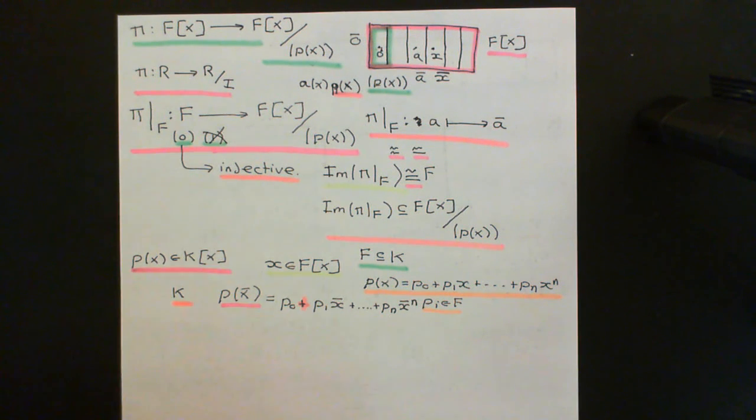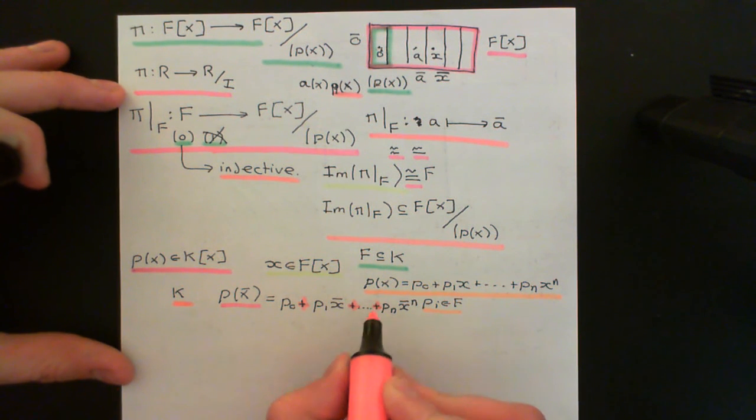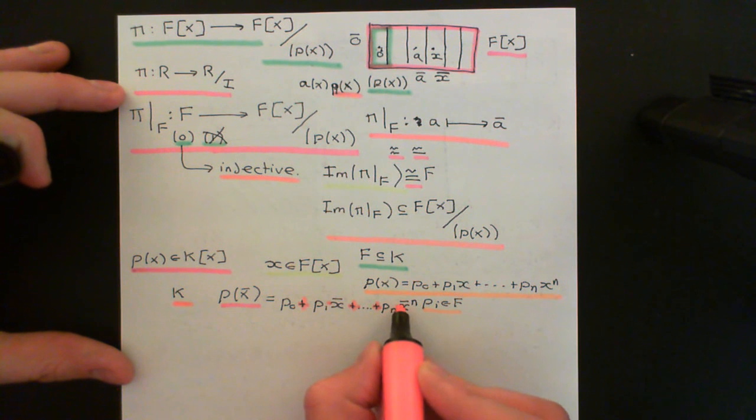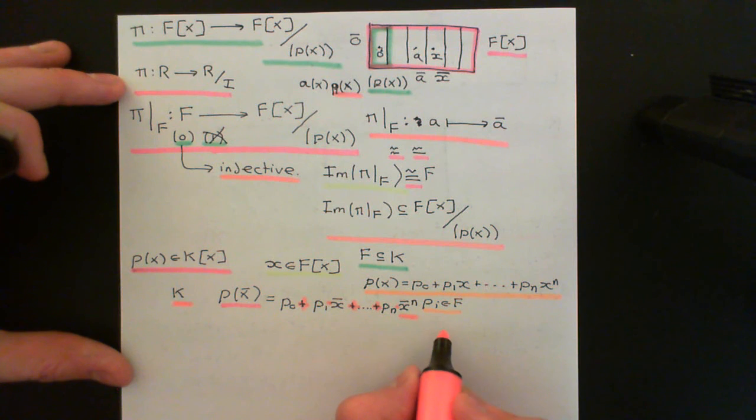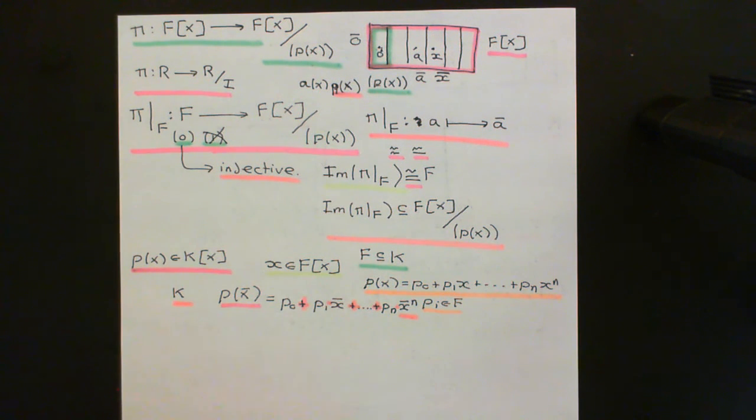Note, all of these additions are in the field capital K, and all of the multiplications, I'll put red dots in there, are in the field capital K. Raising x bar to the power of something means multiplying x bar by itself that many times in the field capital K. So everything's gone from just being a boring, rock-solid symbol to now actually meaning something in the field capital K. That's what you do when you evaluate a polynomial at a certain value. And we know, from our work in ring theory, there is a video in the playlist on ring theory entitled The Evaluation Homomorphism, that this is indeed a ring homomorphism.